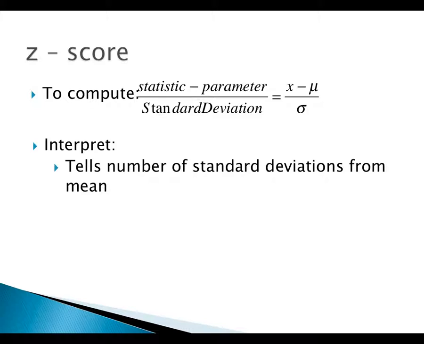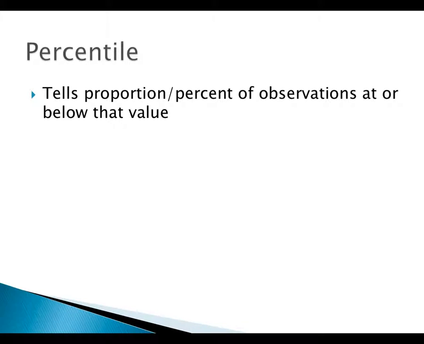Yeah, we do? Hopefully we do, because your question today is about z-scores. Okay, and then percentiles tell you the proportion or percent of observations at or below that value. So if you're at the 80th percentile, 80% of people scored at or below where you did. There are two definitions for percentile.